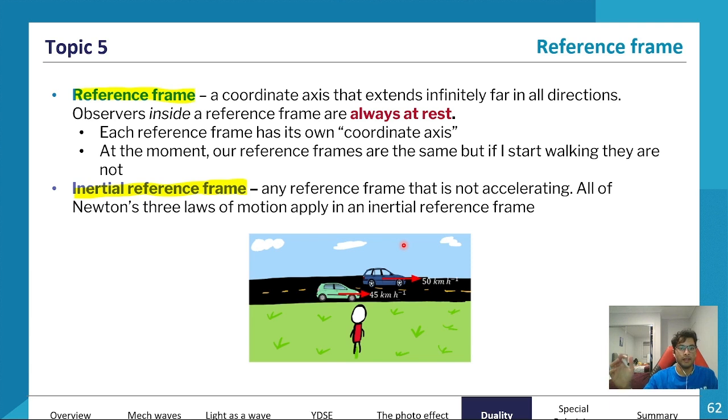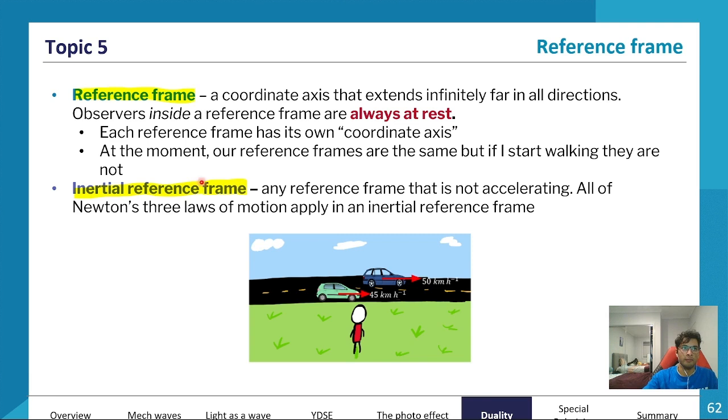Because of this, it's difficult to compare the two. Because they're two different reference frames, you can't directly compare what you're seeing to what the person in the green car is seeing. And when you get to really fast speeds, close to the speed of light, things start to get a bit iffy.